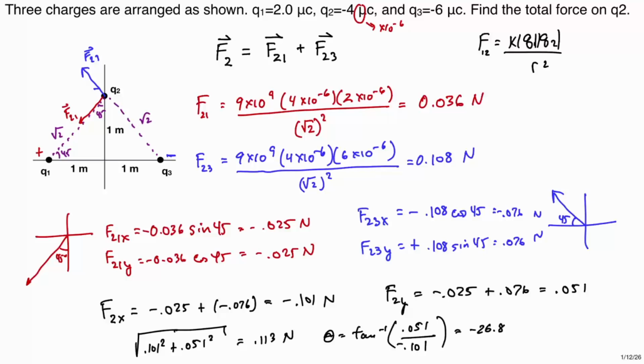The only way we can tell is by looking at where this vector points. We know that this vector points negative x, positive y. So where does this vector end up? Second quadrant, somewhere up here. So that negative 26.8 must be in here, again rotating clockwise from the horizontal. Okay. And so what is the actual angle as measured from the positive x-axis? It's 180 plus a negative 26.8.